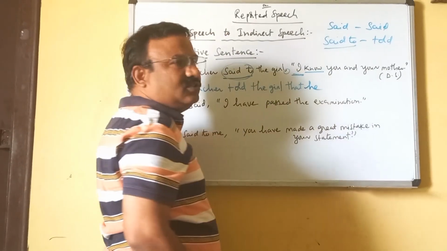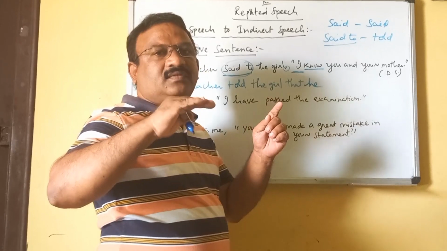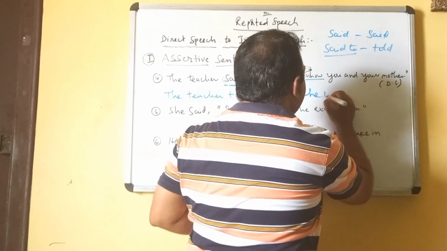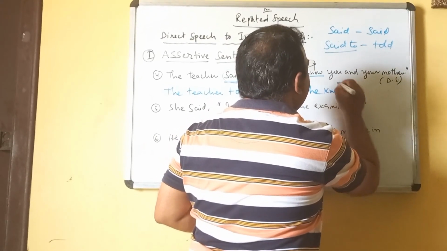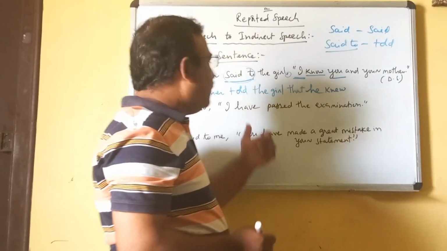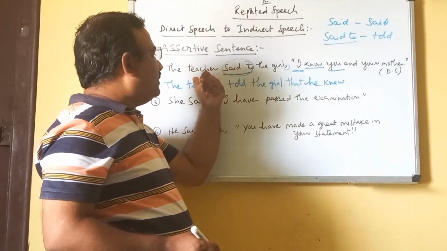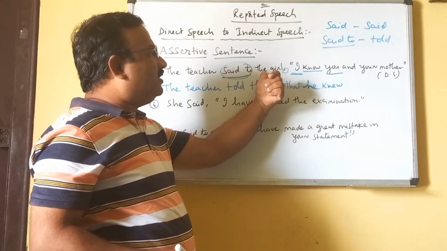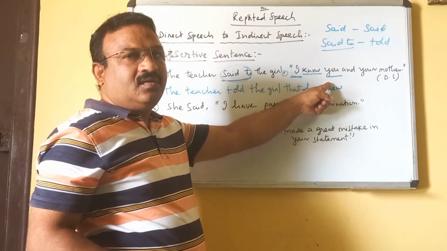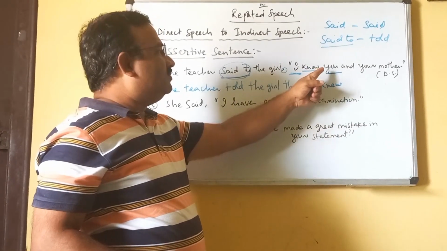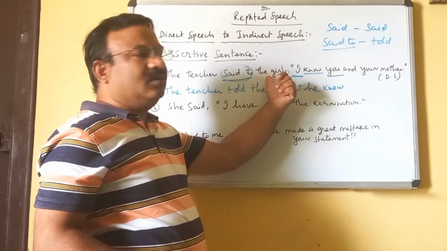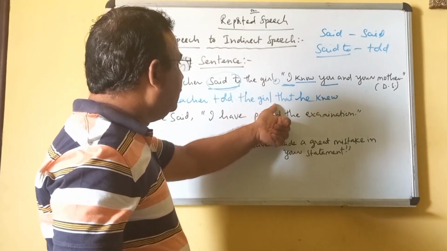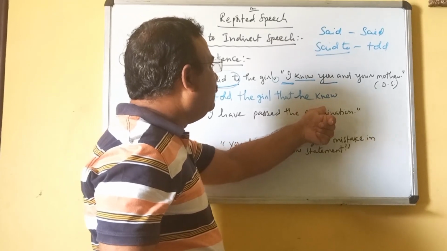I know is present tense. Present tense will become past tense. I know becomes he knew. You and your mother: who is that? The girl. The teacher told the girl. Here the girl is the second person in the direct speech, but in the indirect speech the girl is third person. So the teacher told the girl that he knew.